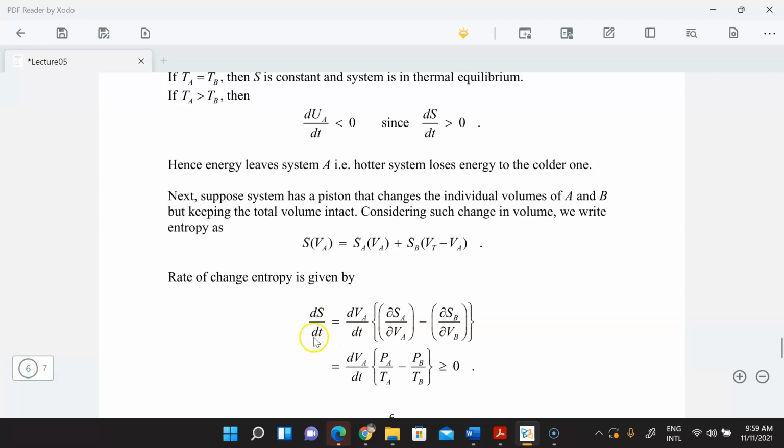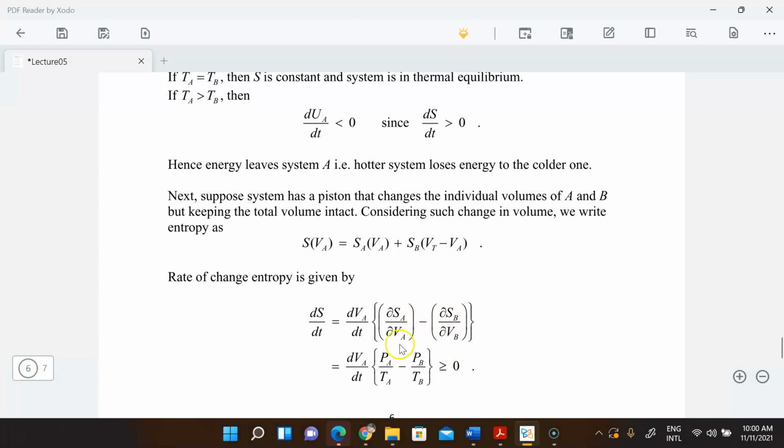In this particular case, you take the time derivative of the variable that's appearing here, which is VA, and then you do the chain rule, and you get partial SA over partial VA minus partial SB over partial VB.